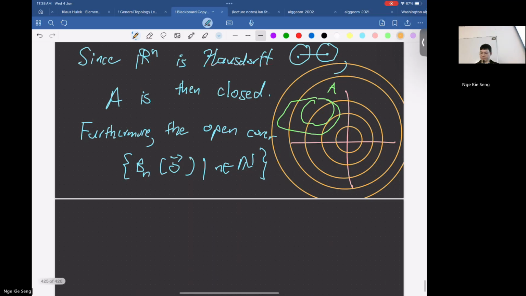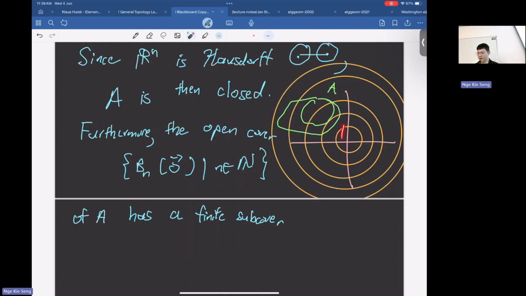But because A is compact, this means you just need finitely many of these balls to cover your A. Maybe you cover up to this point, and the other circles are no longer needed. So you only need, for example, 1, 2, 3, 4, 5 of them, or maybe just 1, 2, 3, 4 is enough.